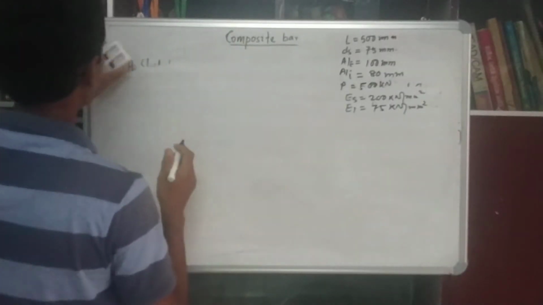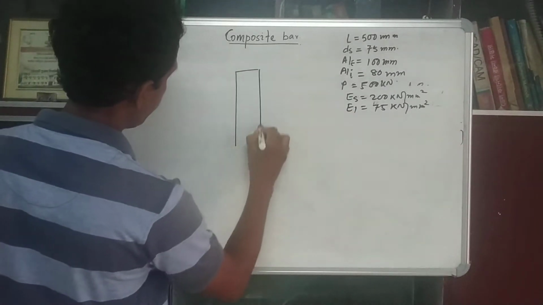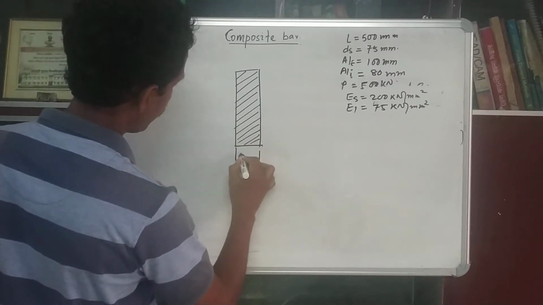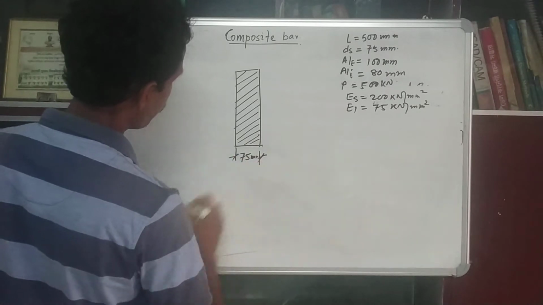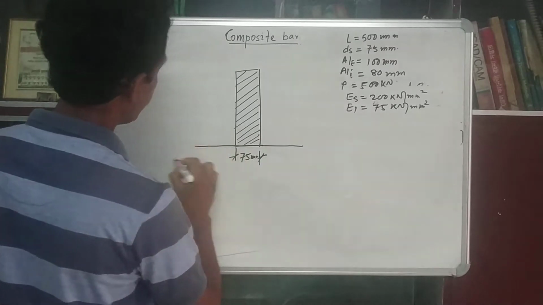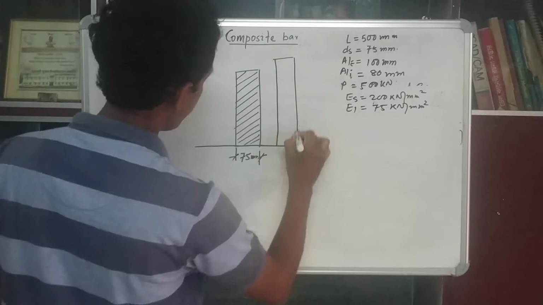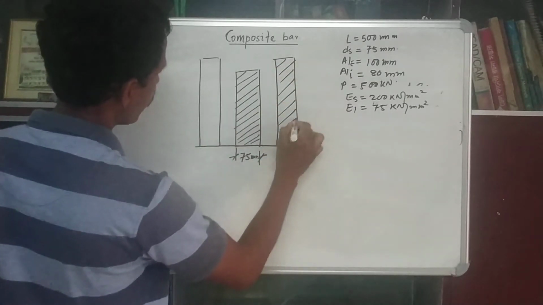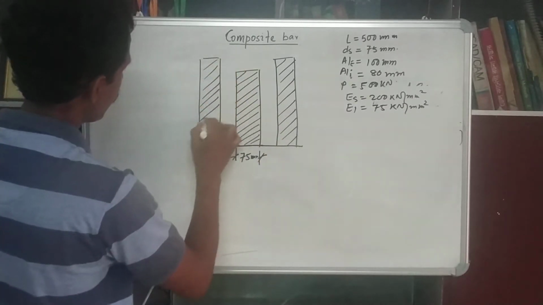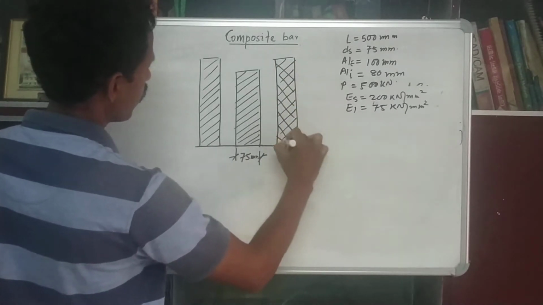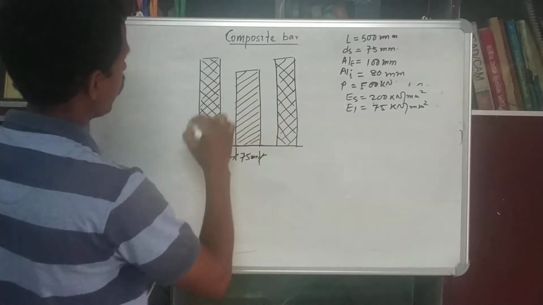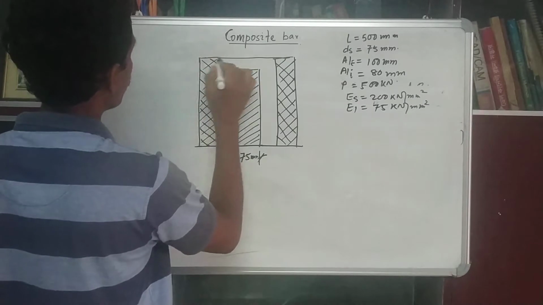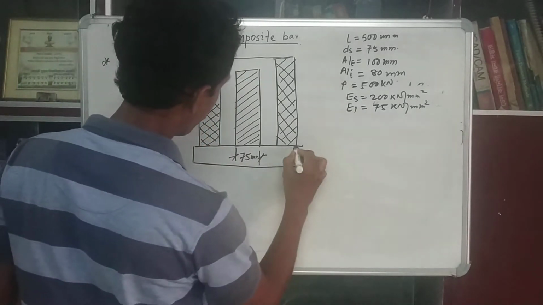Now as per the question, consider the steel bar of 75 mm, then a tube, so vertically we have sectioned the tube. Both ends are fixed.